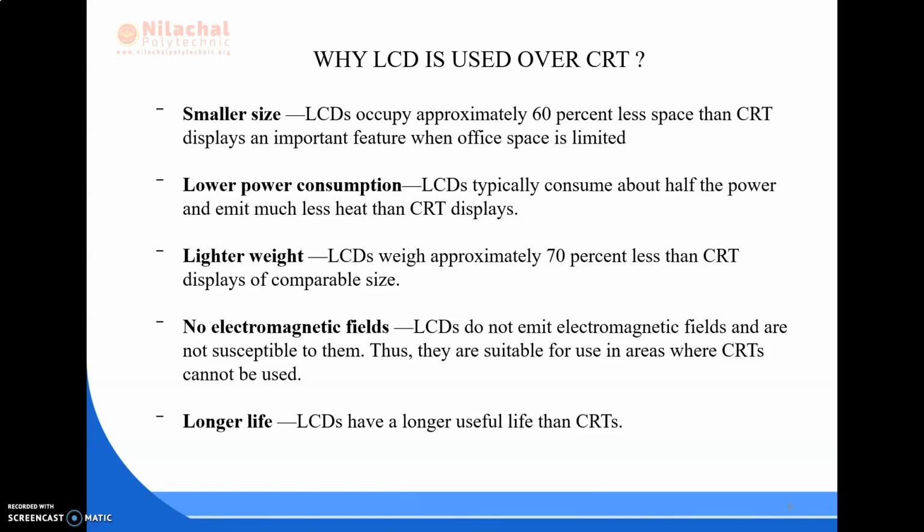The next point is lighter weight. LCDs weigh approximately 70% less than CRT displays of comparable size. The fourth point is that no electromagnetic field is used in LCD. LCDs do not emit electromagnetic fields and are not susceptible to them.